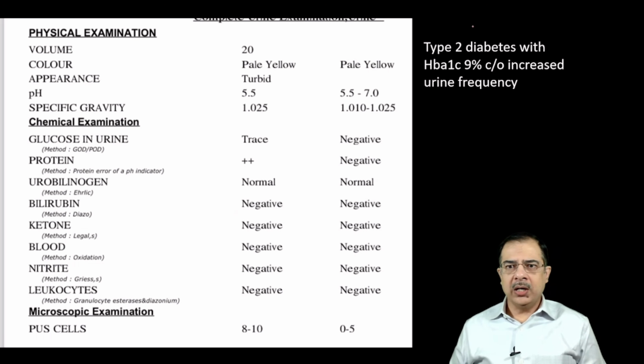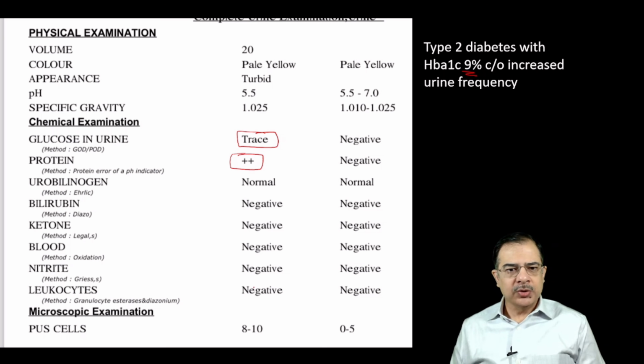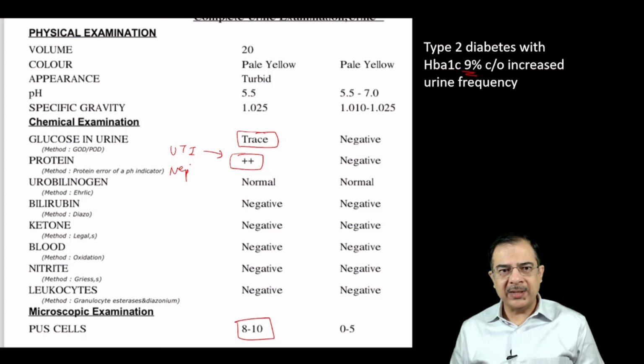Now the patient has an HbA1c of 9, uncontrolled sugars, so obviously glucose is positive here, and increased urine frequency is present. So proteinuria is there. Whenever there is proteinuria, it could be because of UTIs. So in diabetes, UTI can cause proteinuria. It can also be because of nephropathy.